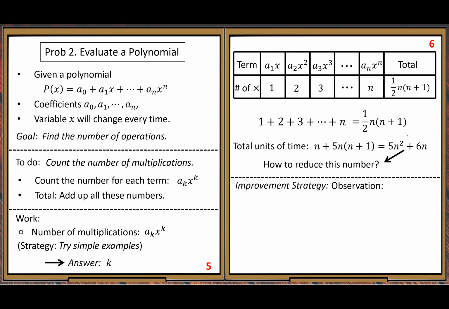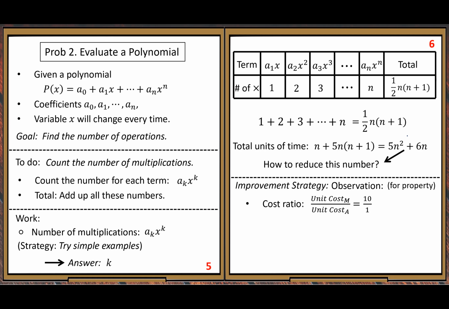Improvement strategy. Do some observation. We need to explore some special property so we can take advantage to reduce the number of operations. First, based on our assumption, the cost ratio of multiplication over addition is 10-to-1.